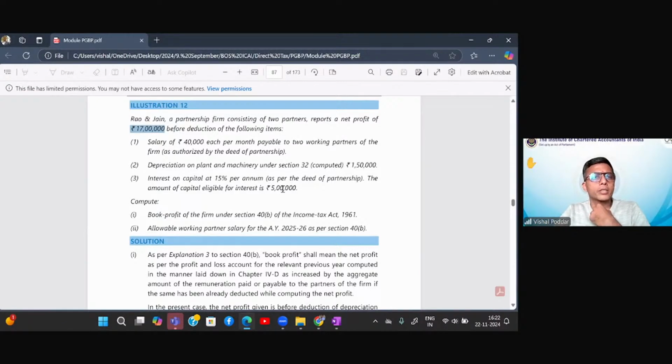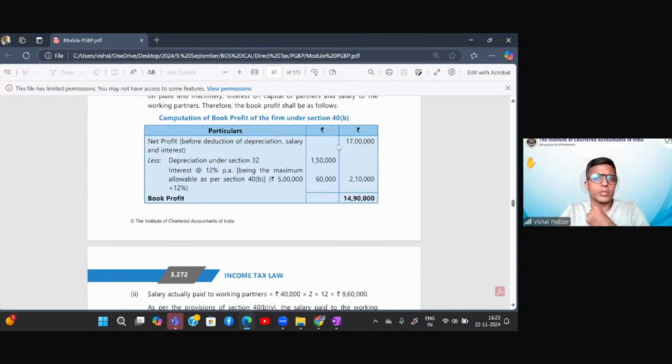So total 2 lakhs 10,000 you will deduct. So it comes to 1490, right? Now this 1490 becomes your book profit. And on this book profit, now you'll apply the slabs. For first 6 lakhs, 90%. For balance, you apply 60%. That will give you your remuneration. So see, you've got 1490 as book profit.